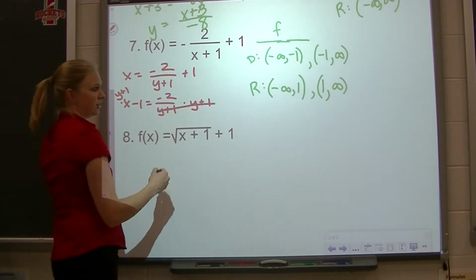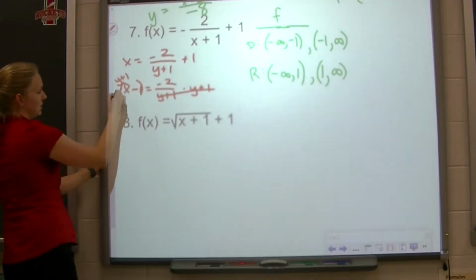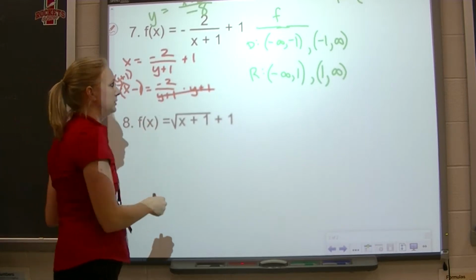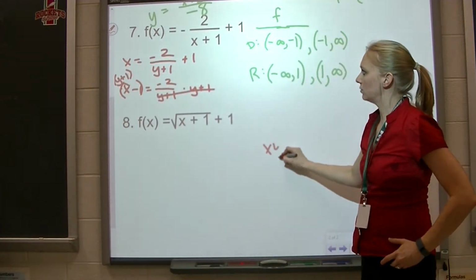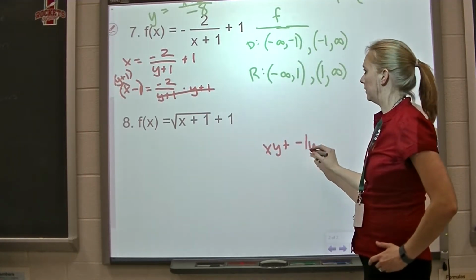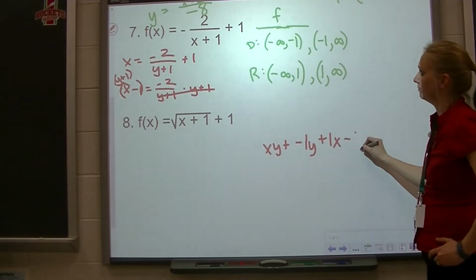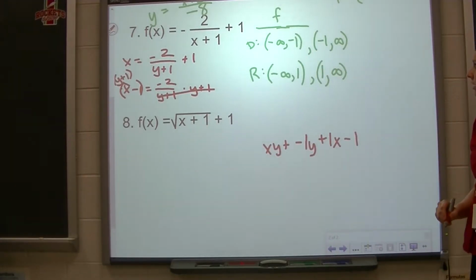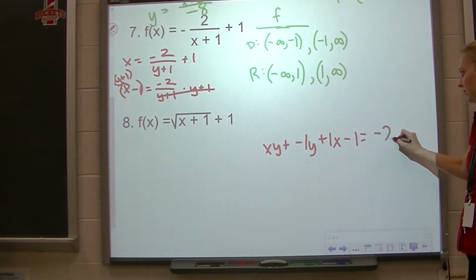I feel at this point I should have picked a different problem. So y plus 1 times x minus 1 is going to be xy plus negative 1y plus 1x minus 1. And then we have that equals negative 2.